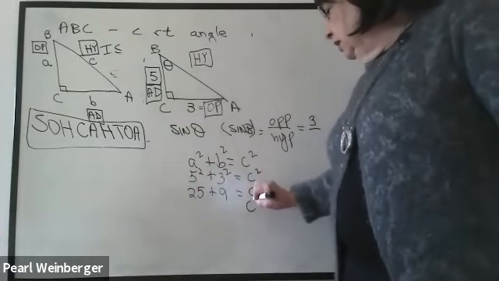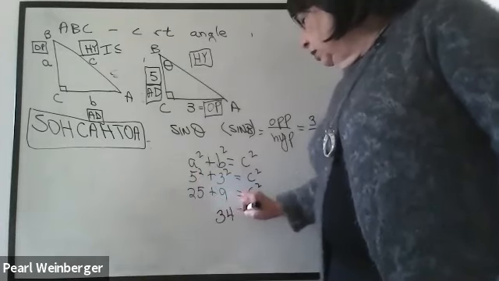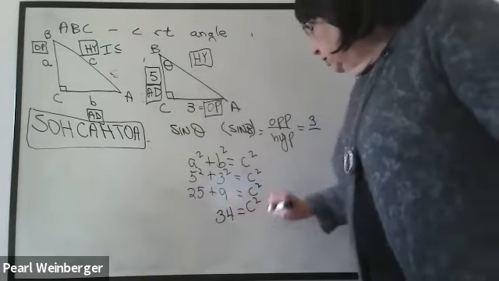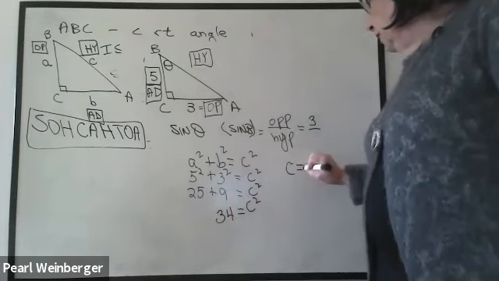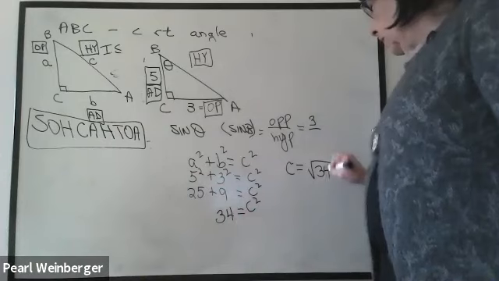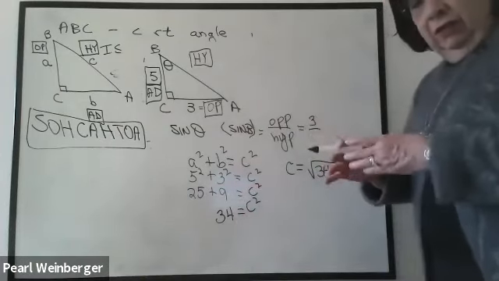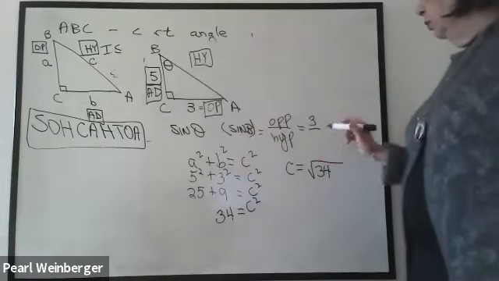So we get that c squared is 25 plus 9, which is 34. So c has to be the square root of 34. Notice it's not the square root of 25 plus the square root of 9. You have to add them and then take the square root.